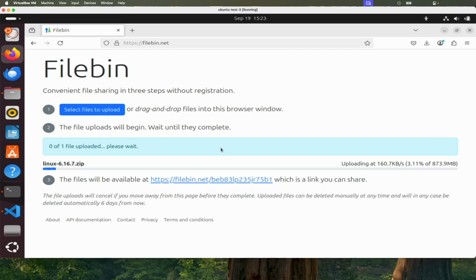About 160 kilobytes per second. Increasing a little more again.